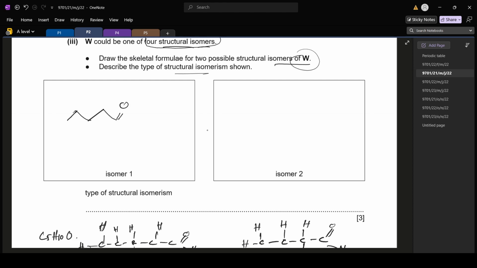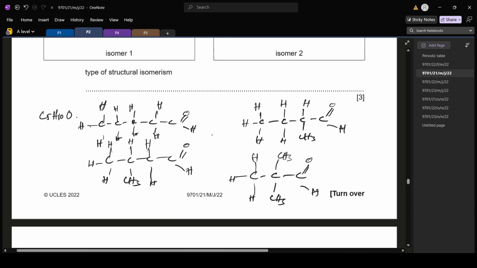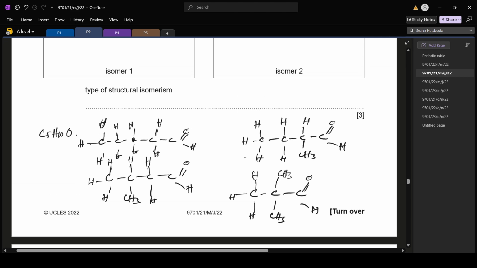Okay, 1, 2, 3, 4, 5. So these are the structures, and you can draw any of these structures.